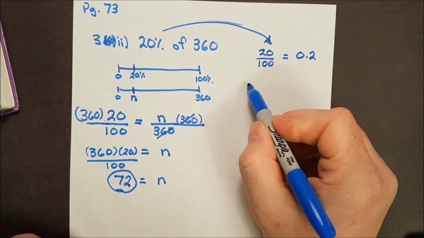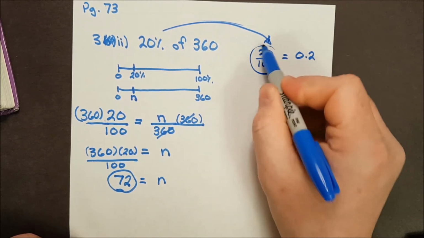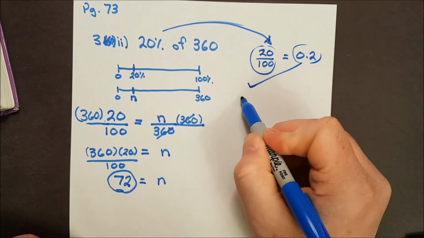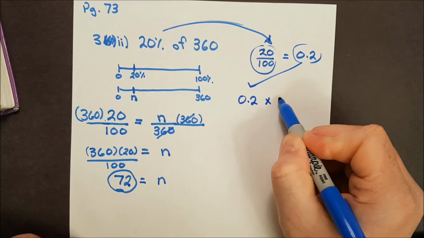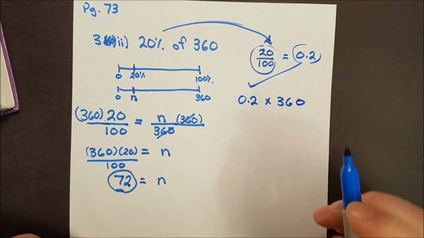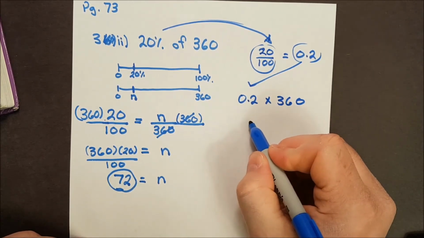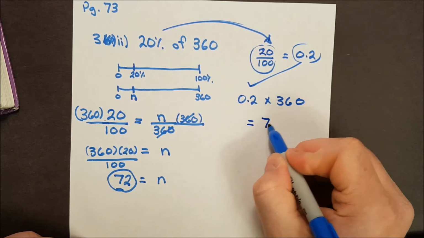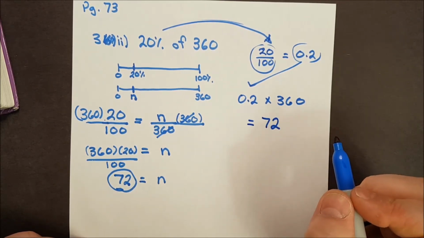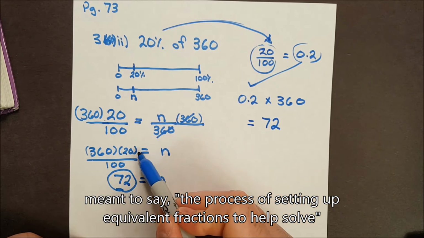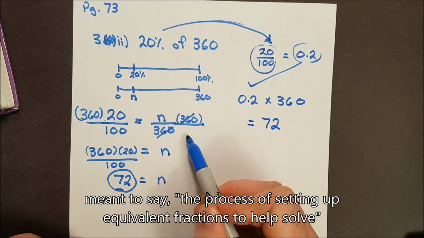Now we can simply just use that information, 0.2, and multiply 360 by 0.2, and that equals 72. But it's important to know the steps as well here.